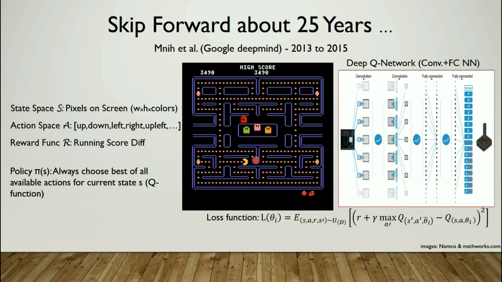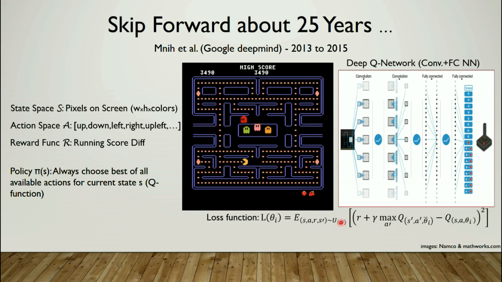Now what they do here is they play the game, and while they play the game, they record SARS' tuples. So they basically capture an experience here. Let's say the Pac-Man runs from here to here, and then they cut it. They split this up into single-frame SARS' observations and store every single SARS' tuple independently in a database.